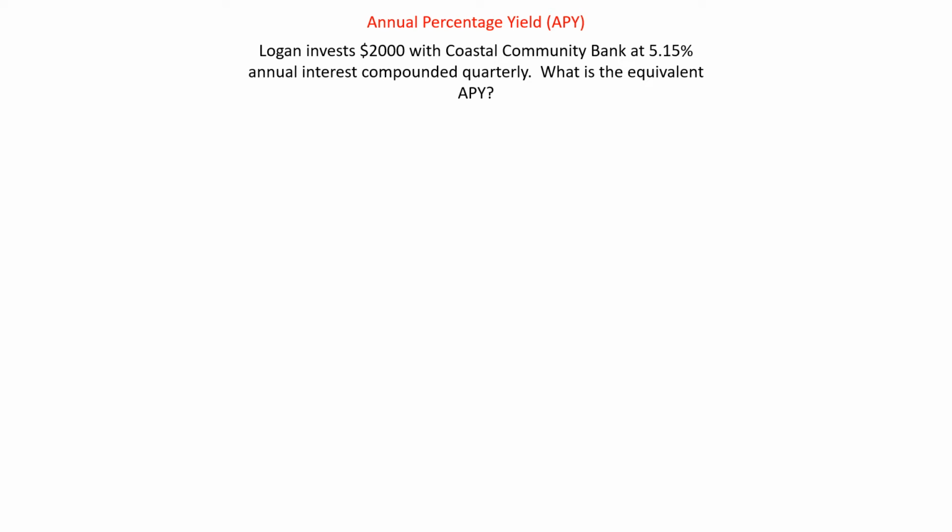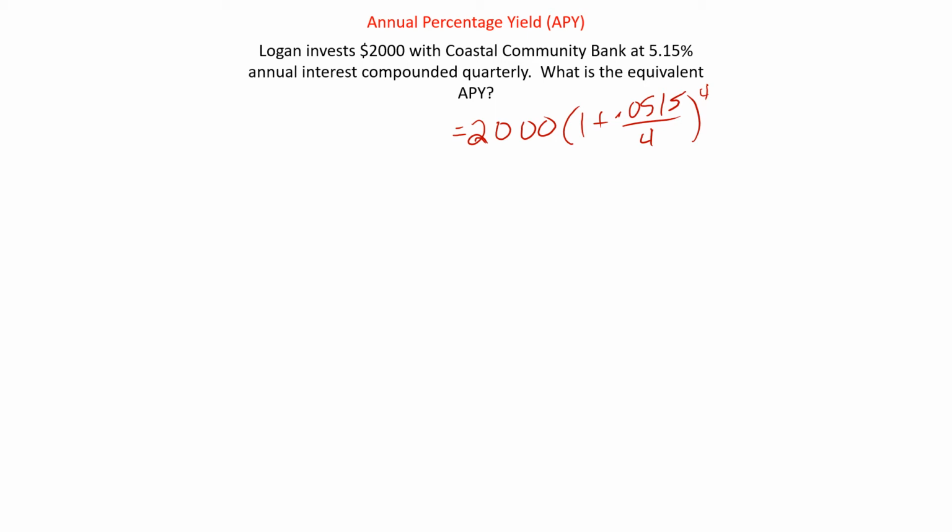So what we can do is take our rate with the compounding: we have $2,000 times 1 plus 0.0515 over 4. It's compounded quarterly, so that means 4 times a year, to the 4 times 1, because we're just looking at a 1-year span.